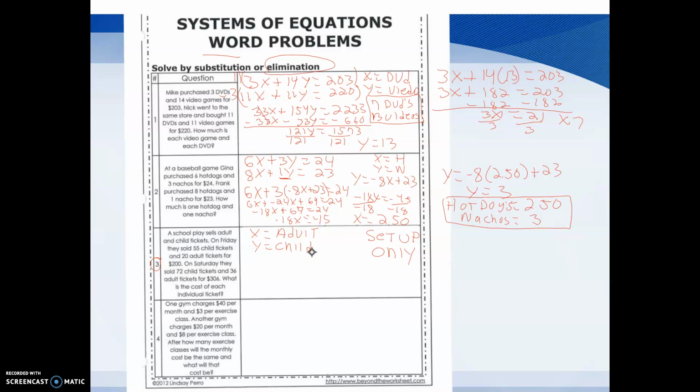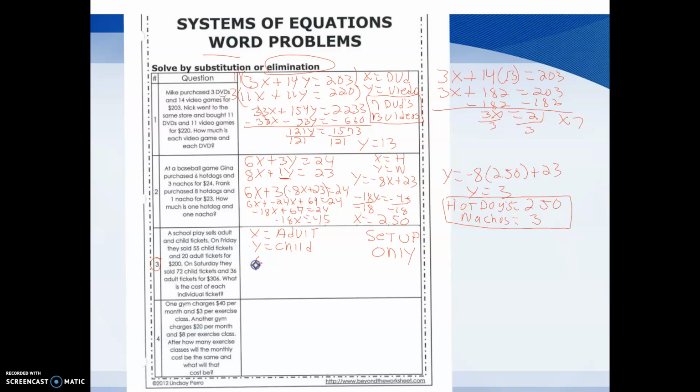Okay, so let's take a look. On Friday, they sold 55 children tickets, right? 20 adult tickets. So remember, y was children, okay. x was adults. Just be careful how you set this one up.